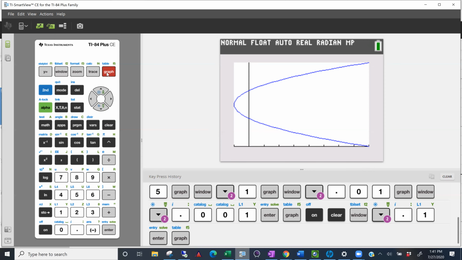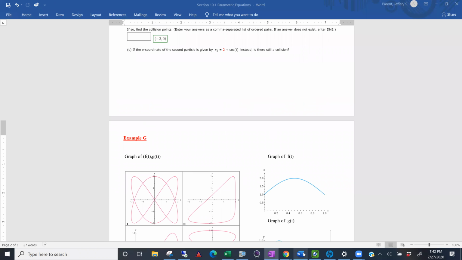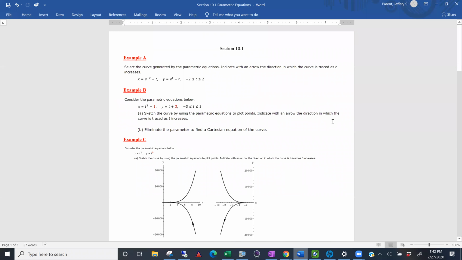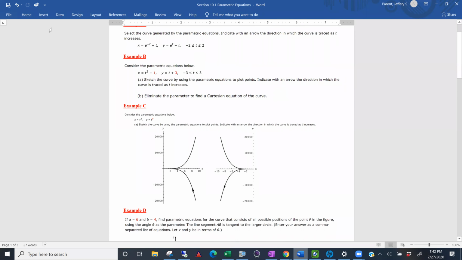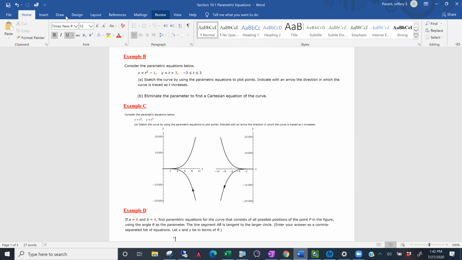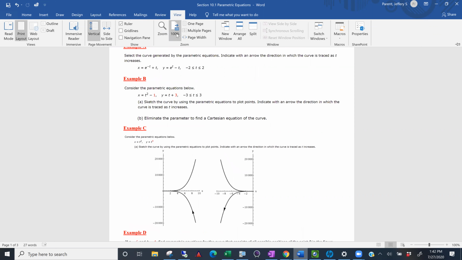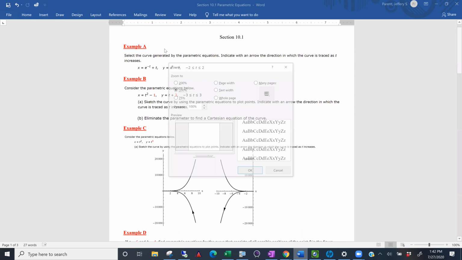Let's try another one. Example C. So let's see, do I have it? Yeah, I think I got it here. Now, example C is nice because in your WebAssign homework, they actually show you a couple graphs, and they ask you, all right, figure out which one is which.